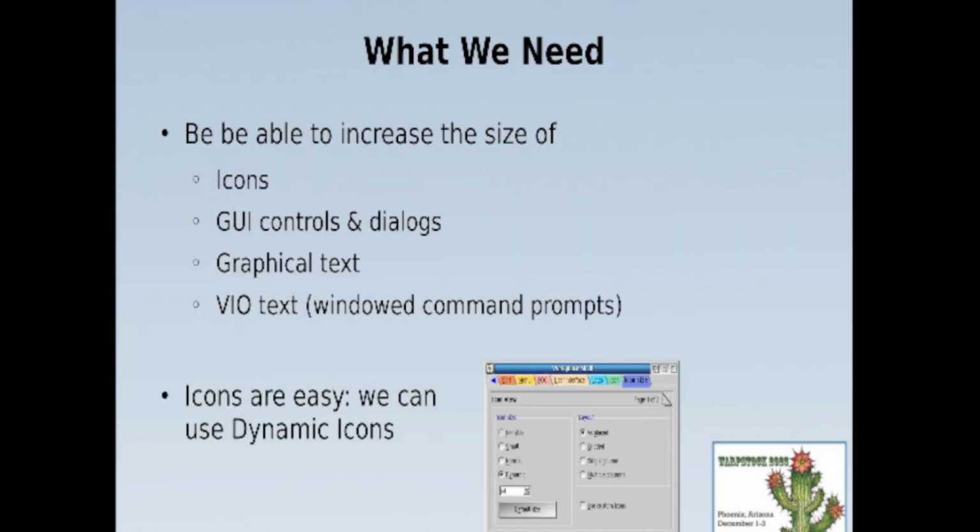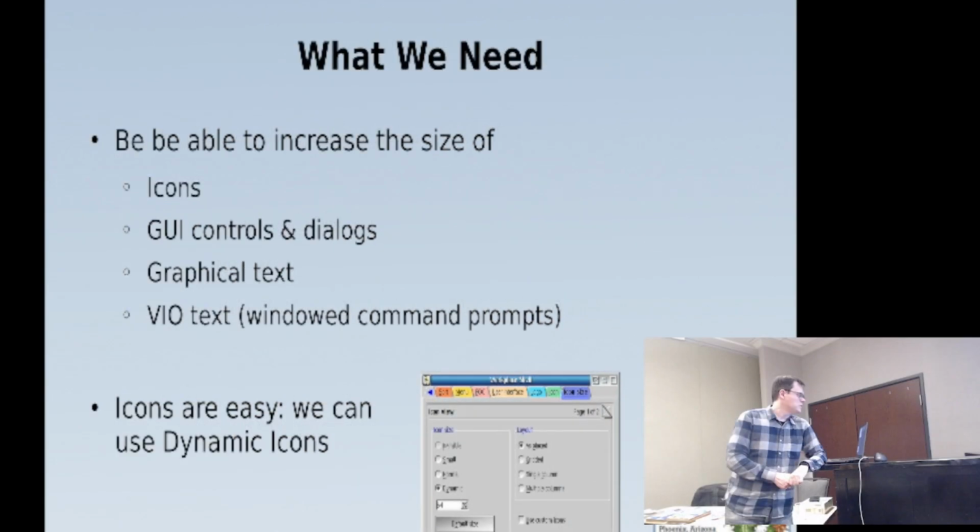So what we want is some way to increase the size of various on-screen elements. So icons, GUI controls, GUI text, and text in windowed command prompts. So OS/2 windows, DOS windows. Note that I didn't list full screen sessions there, because that actually isn't so much of a problem.